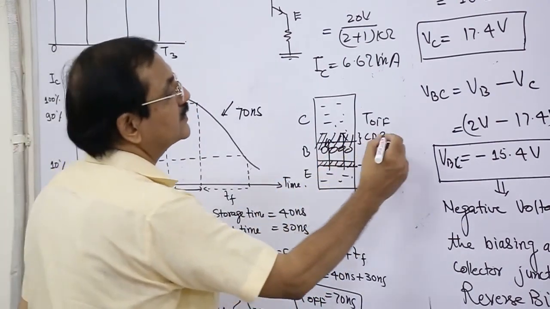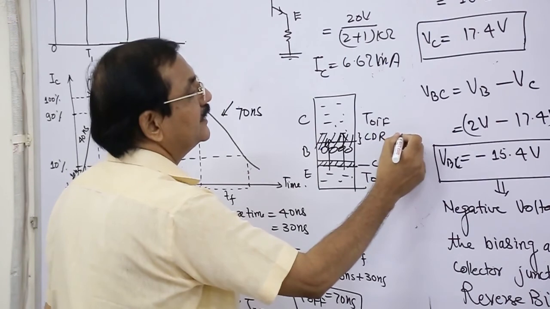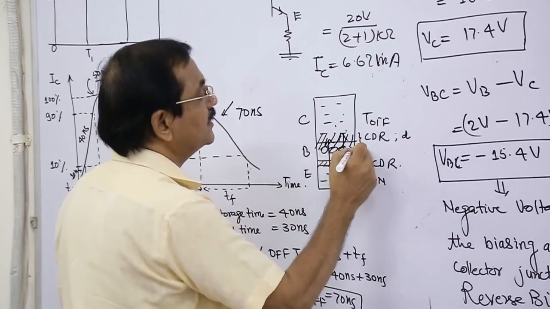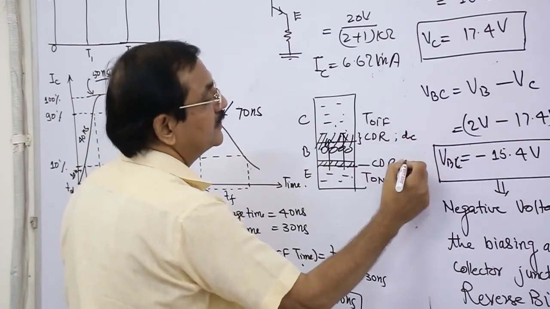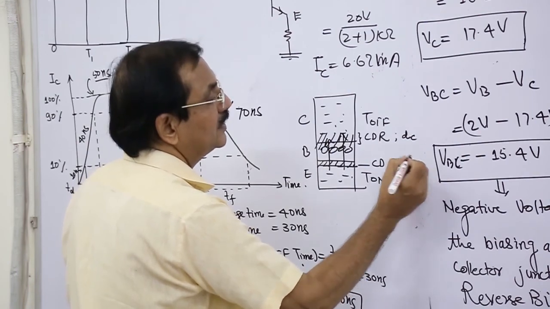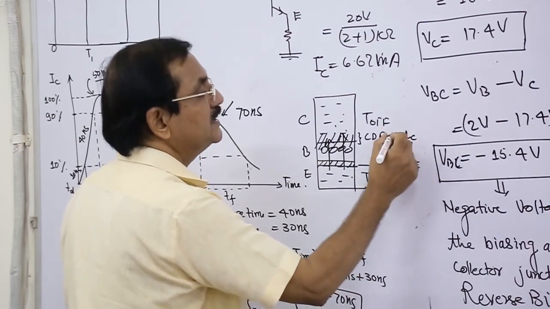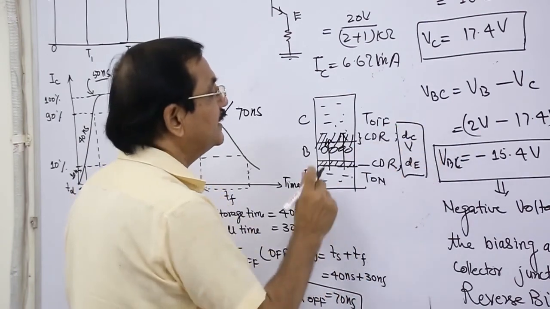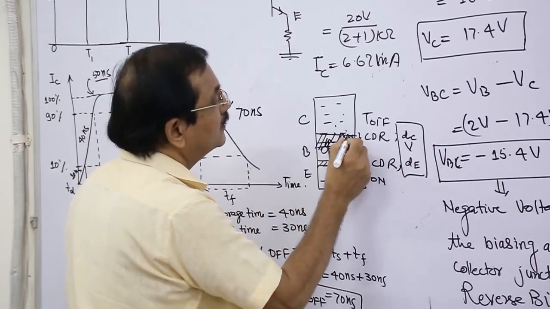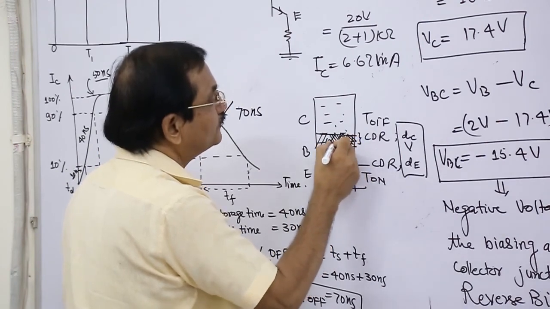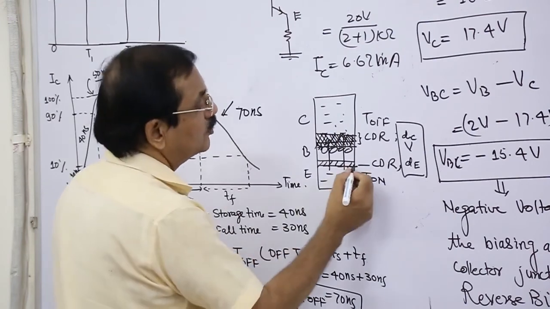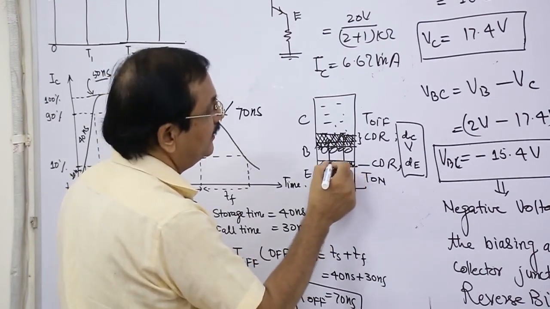So, if we represent the junction thickness, D of the collector junction capacitor and DE of the emitter junction, the CDR region of the collector is more wide in comparison to the emitter part.